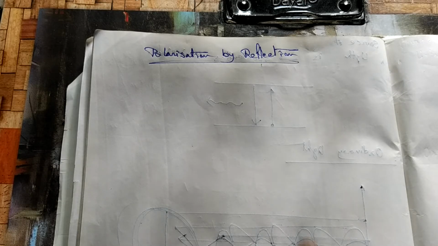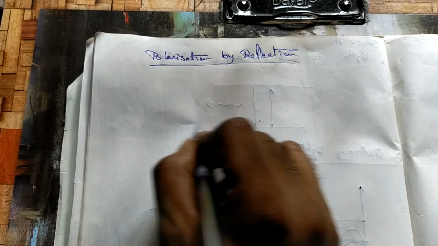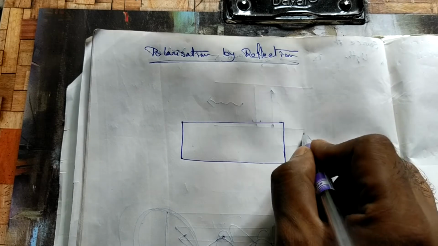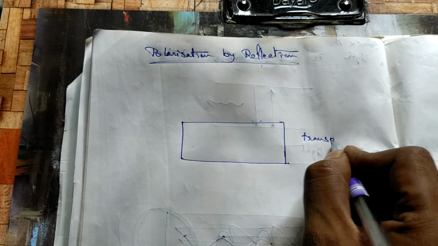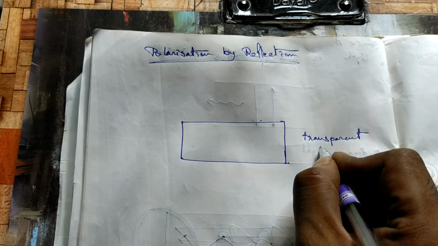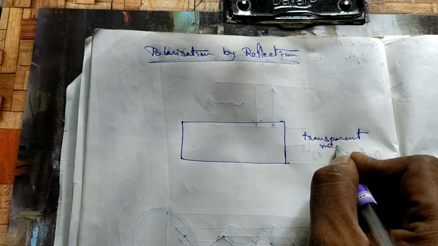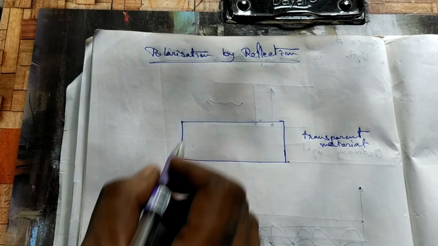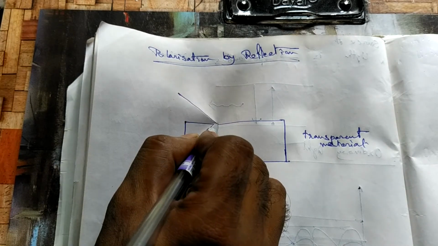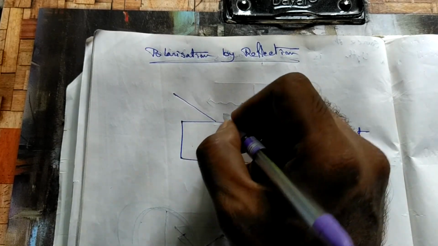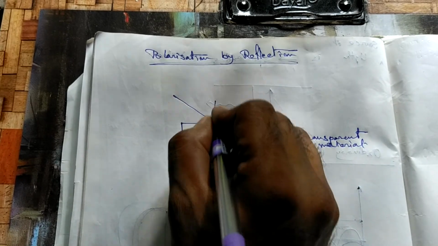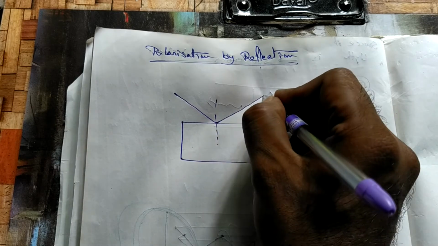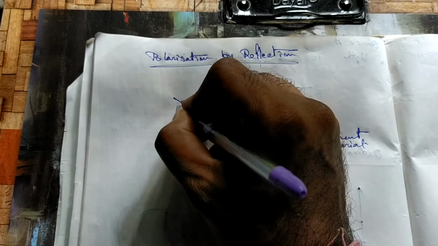Suppose we have a transparent material. Now if we send a light wave along this direction, this is the plane perpendicular to the axis.